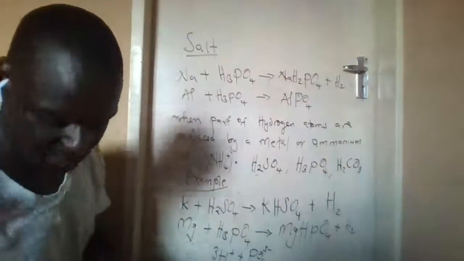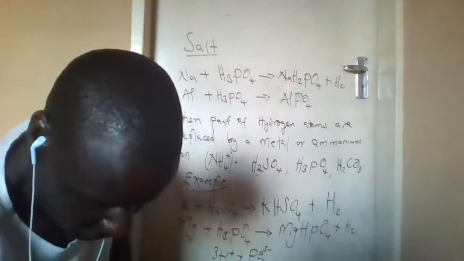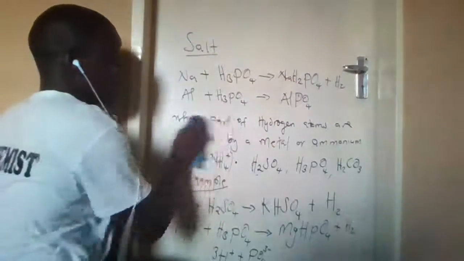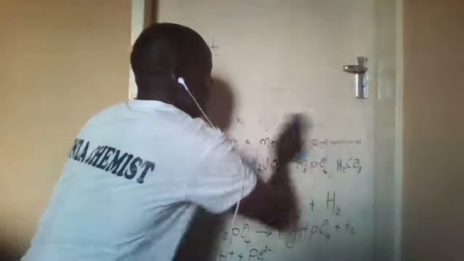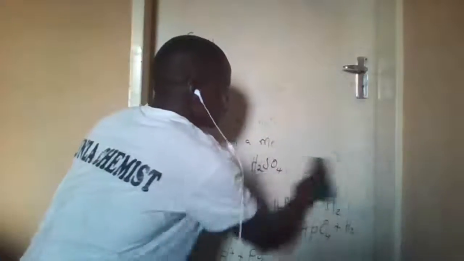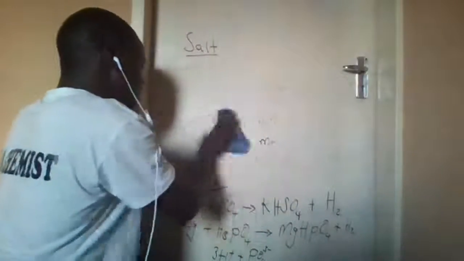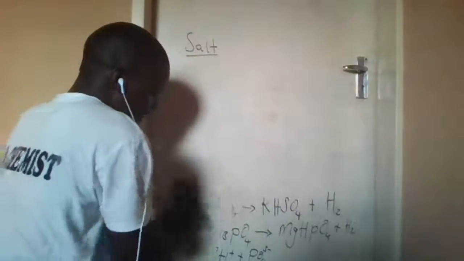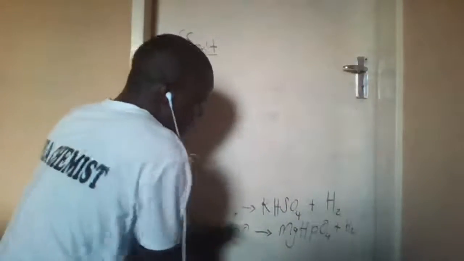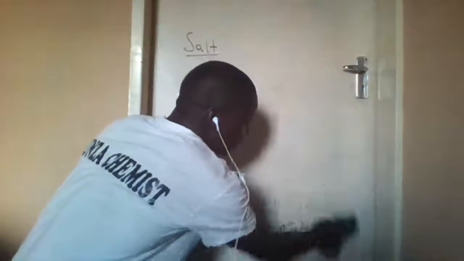But I can maybe just show you an example of double salts and how they are formed. That is complex chemistry, and I'm afraid I may not go into detail. But if you want to learn about them, you can just let me know. I can give you some tips on how these complexes are formed.